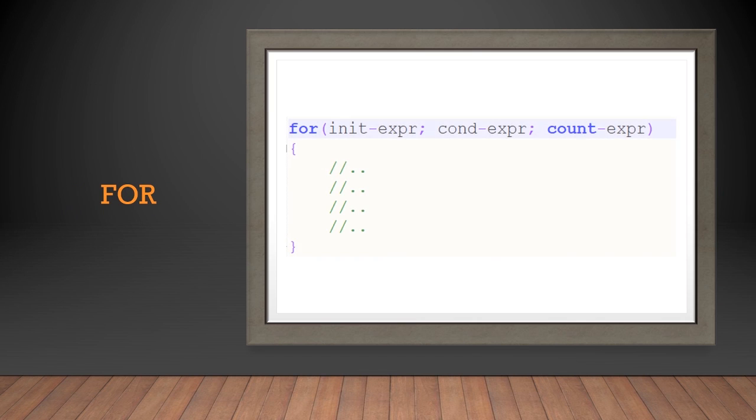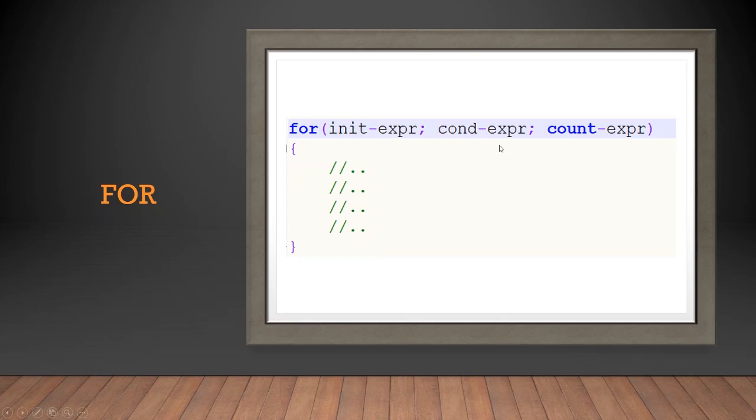For loop. In a for loop, we have three expressions. The first one is the initializer, then we have a condition expression, and then we have a counter expression. It can be x plus plus, x minus minus, or x equals x plus 2. So you can do any kind of increment or decrement in a counter.